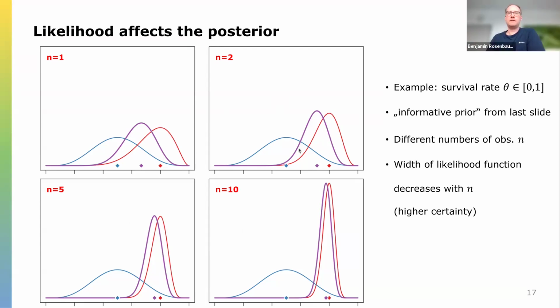Right. So in this case, the more data points you have, the more information, the more certain you will be about the estimated parameter. And if you have many data points, the posterior will be dominated by the likelihood information and not so much by the prior anymore.